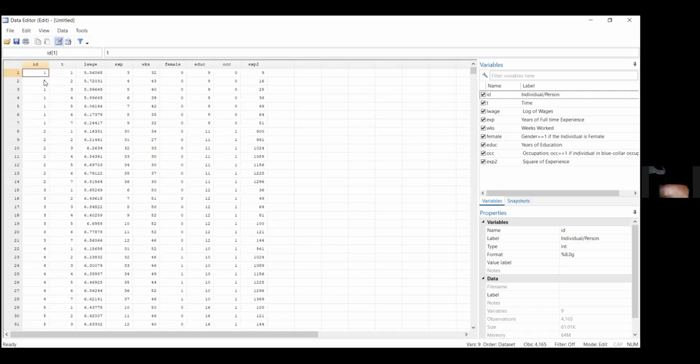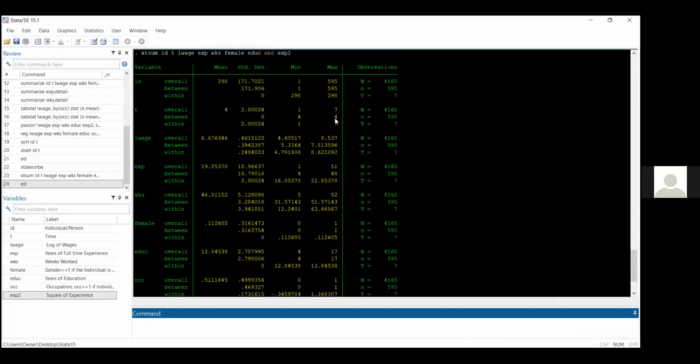That is between individuals, between person 1 and person 2. When you observe person 1 over time, over the 7 periods, that's what we are referring to as within. And so we always report those two dimensions for most estimations when you're talking about panel data.